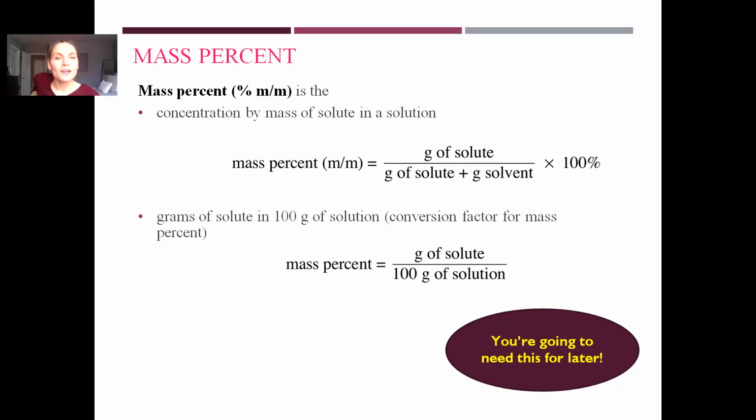And so what we look at here is the mass of the solute over the mass of the solution. And what we can figure out is that we have 100 grams of that solution for our conversion factor. The grams of the solute in 100 grams of the solution. And the reason that makes sense is because we can total it up to 100%. So it's a little conversion factor. And like I said, we're going to be utilizing this here in just a moment.